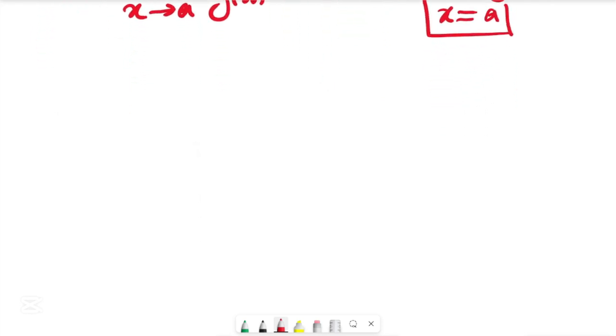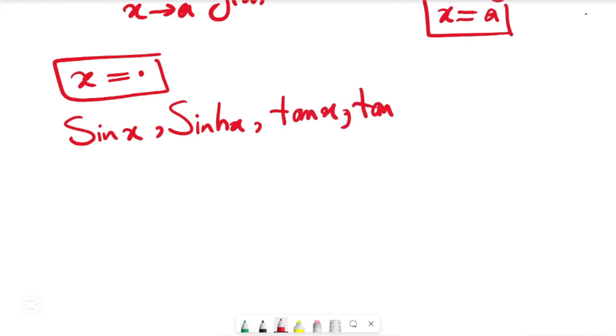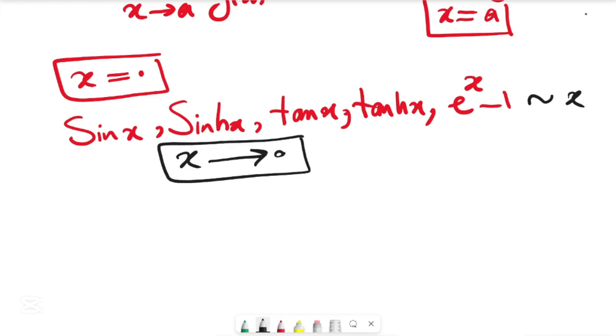But one more thing is so important: equivalence at the point 0, because in this case, for example, sine and sinh and tanh and e power x minus 1 are equivalent with x when x goes to 0, guys.